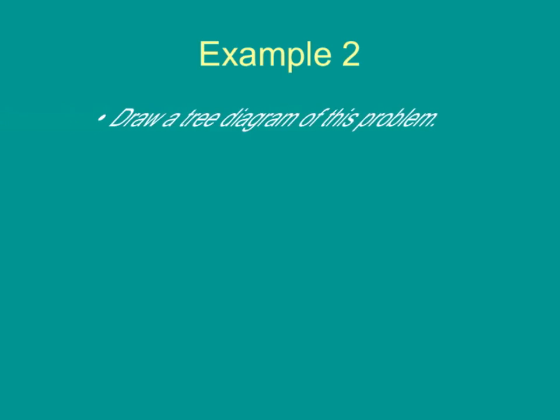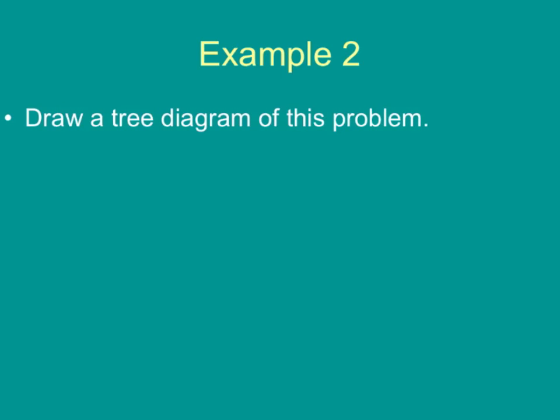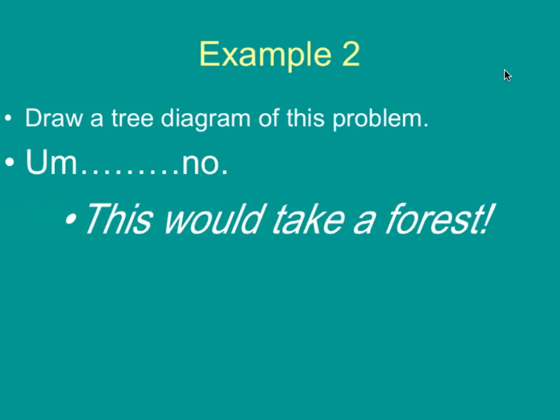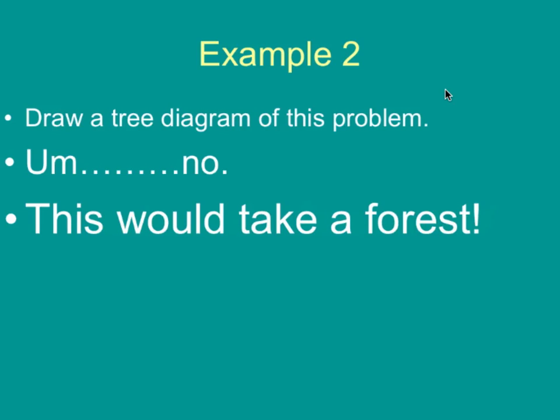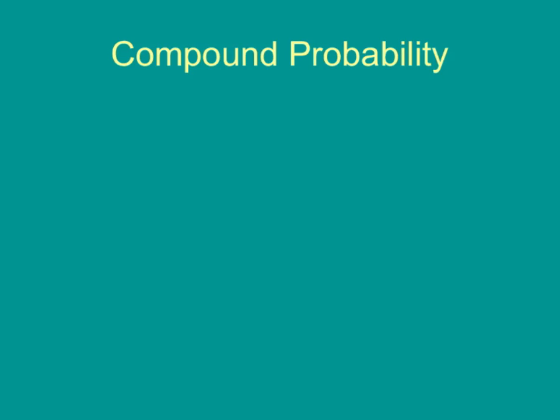Example 2 says draw a tree diagram of this problem. No. Because this would take a forest. Well, 2,652 is quite a bit of things to write down. So we need something a little bit better than a sample space.